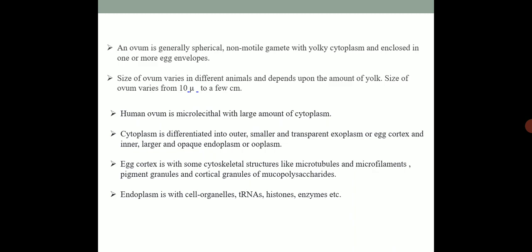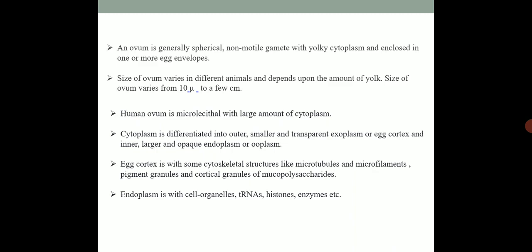The ovum is generally a spherical non-motile gamete with yolky cytoplasm, and it is enclosed in one or more egg envelopes. Envelopes are nothing but coverings of the egg. The size of the ovum varies in different animals, depending upon the amount of yolk.